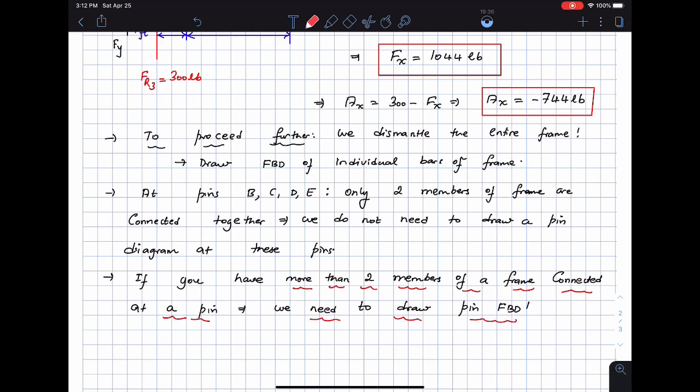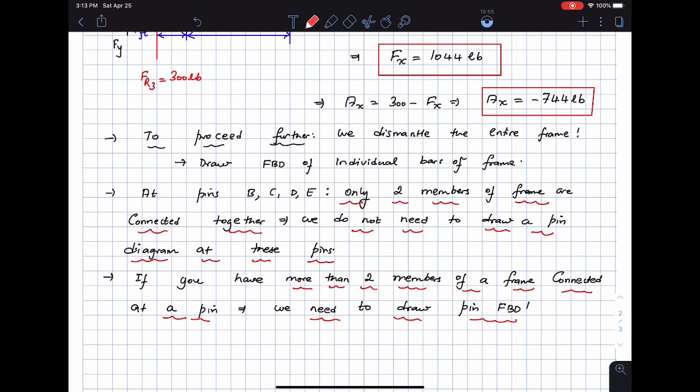In this case, we don't need it because there are only two members of the frame connected together at those pins, so we do not need to draw the pin diagram at these pins.